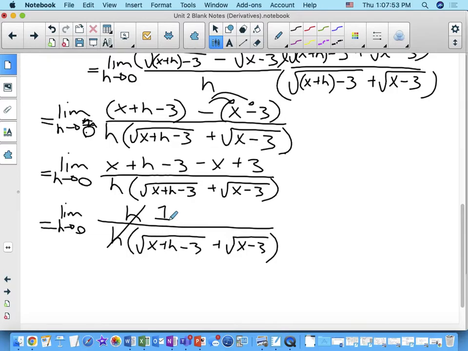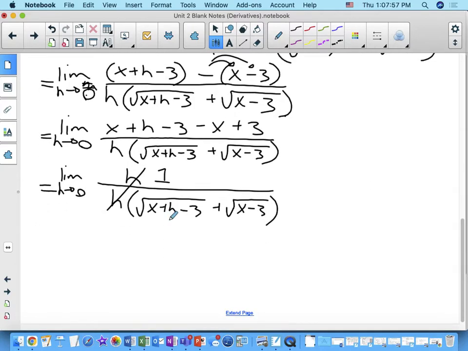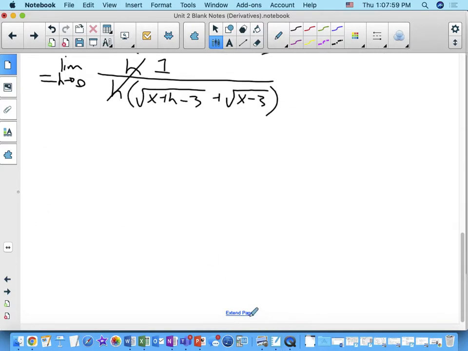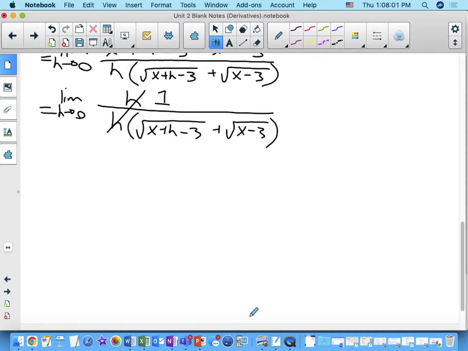Now I can sub in a 0 for h, so I can drop my limit. 1 over the square root of x plus 0 minus 3 plus the square root of x minus 3.